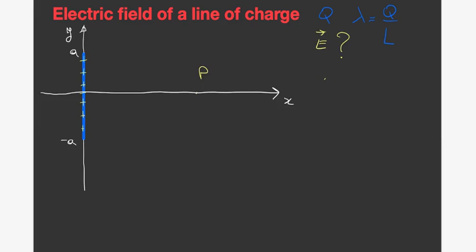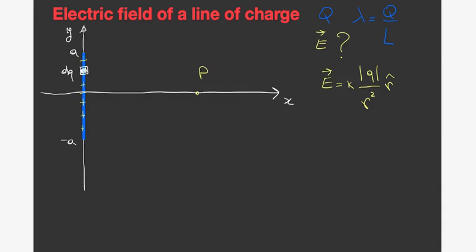Electric field in vector form is equal to K times the magnitude of the charge Q divided by the distance from the source to the point squared times r hat. Now let's see how we can use this formula for the specific case of a line of charge. Let us isolate on the line of charge a tiny element of charge dq.